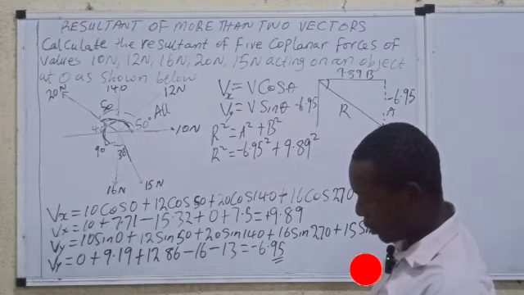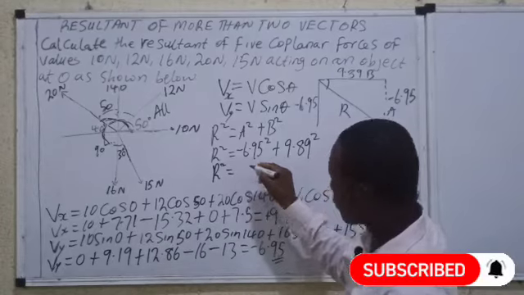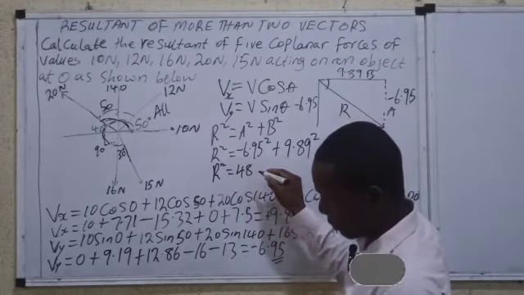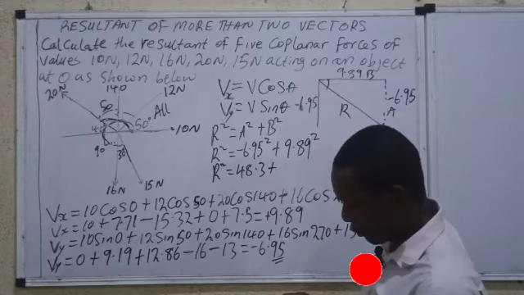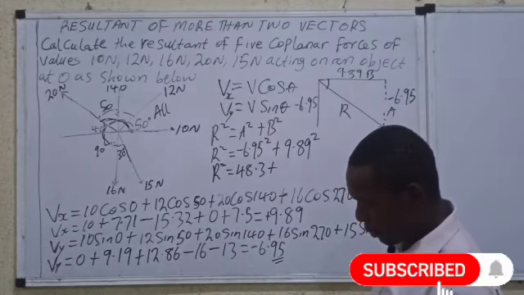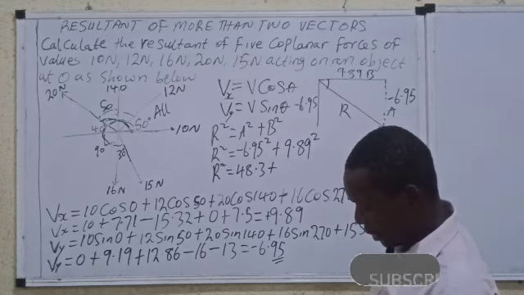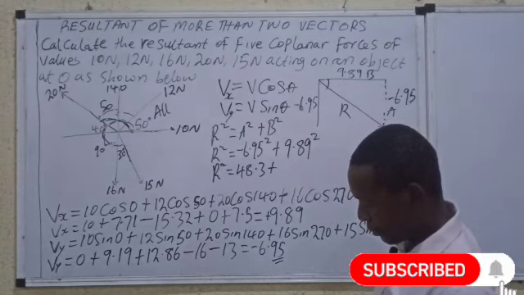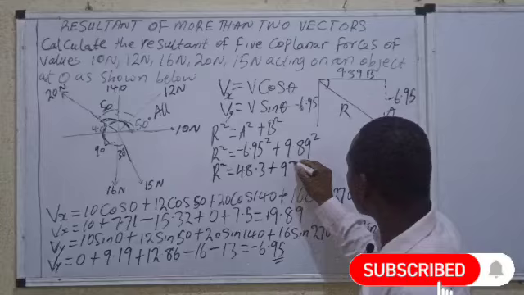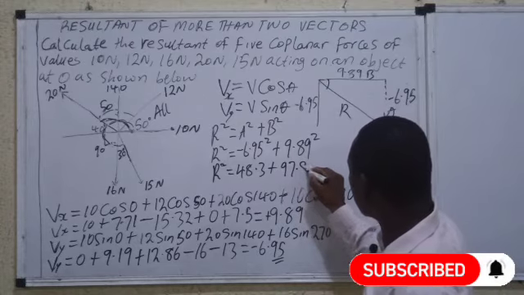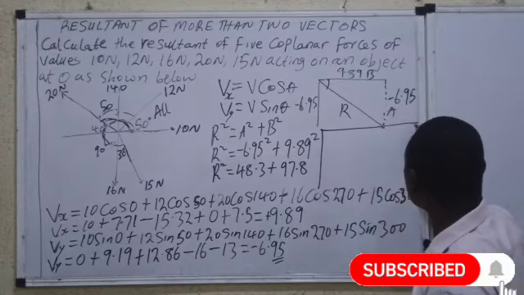What will it give you? R square is equal to 48.3 plus, what will 9.89 square give you? You have 97.8.